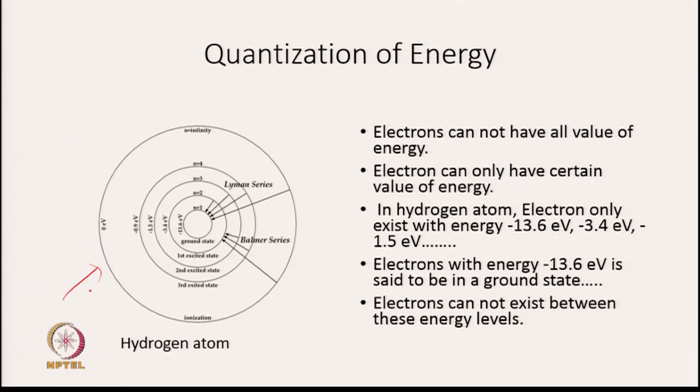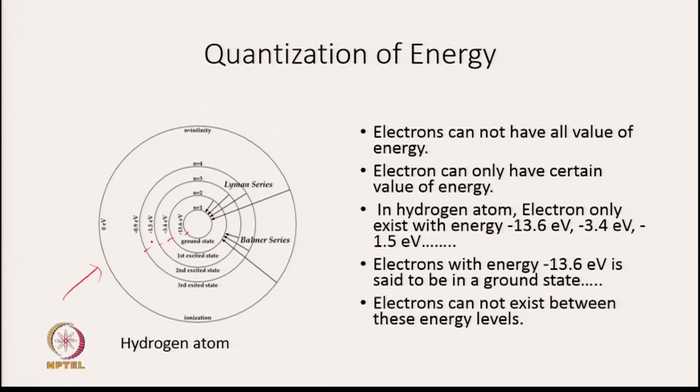Now you can see that electrons can have energy minus 13.6. Electrons of hydrogen can have energy minus 13.6, minus 3.4, minus 1.5 electron volt, minus 0.9 electron volt.